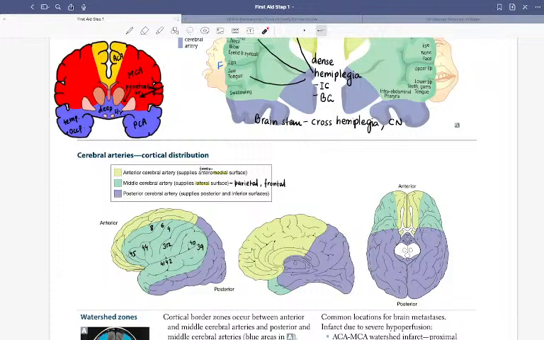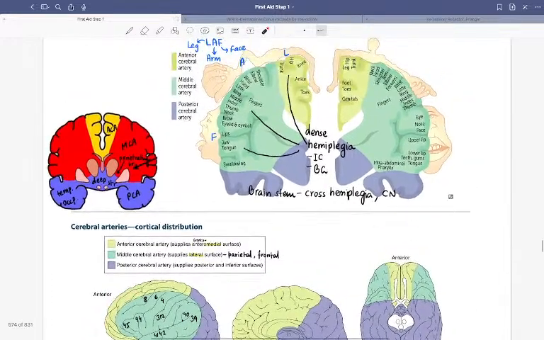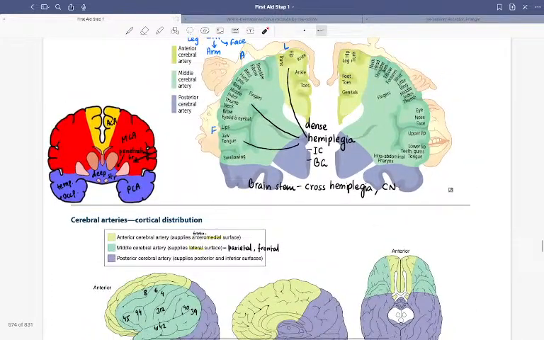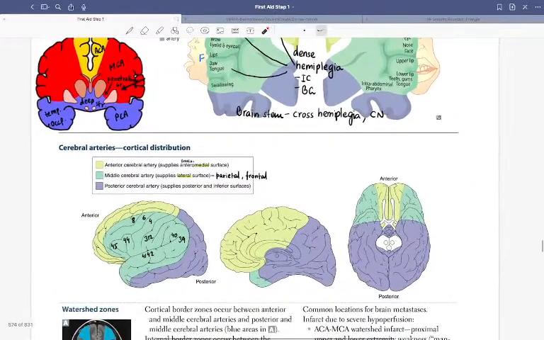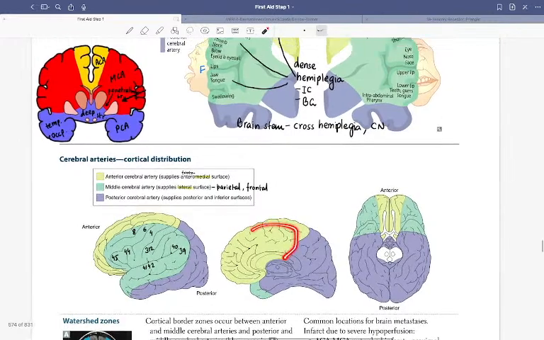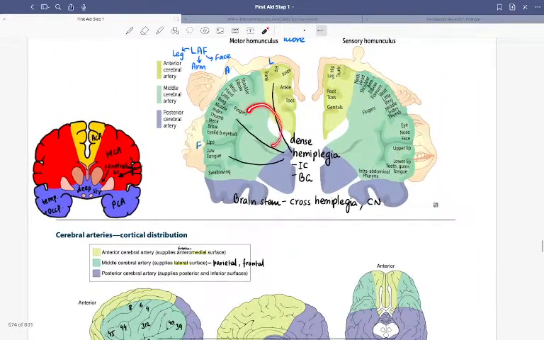Mainly the temporal lobe and everything is going to be middle, parietal and frontal, and frontal and anteromedial. Not just frontal but also medial. In the medial portion you have such a high amount of anterior cerebral artery supply.